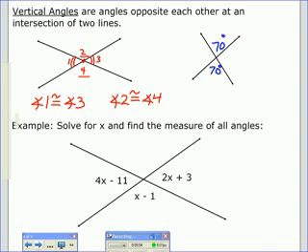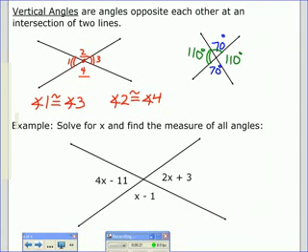And then if you'll notice, 70 plus the one adjacent to it, those add up to a straight line, so they must add up to 180 degrees. That means this angle must be 110, and the one vertical to it must also be 110.